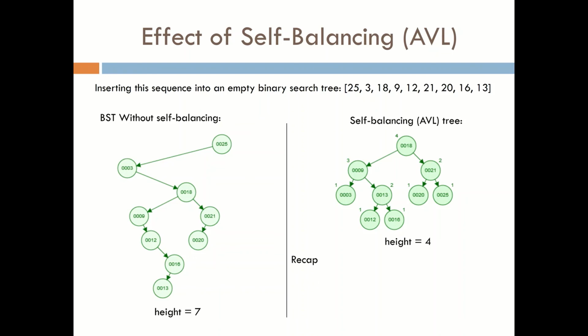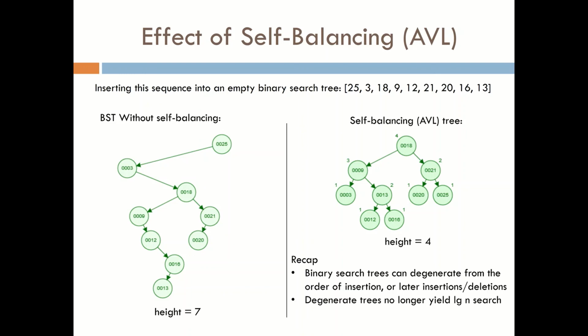So let's do a brief recap. We've seen that binary search trees can degenerate from either the initial order of insertion or from later insertions and deletions, yielding something like the tree on the left. And we've also seen that once a tree becomes degenerate, it no longer yields log n search.